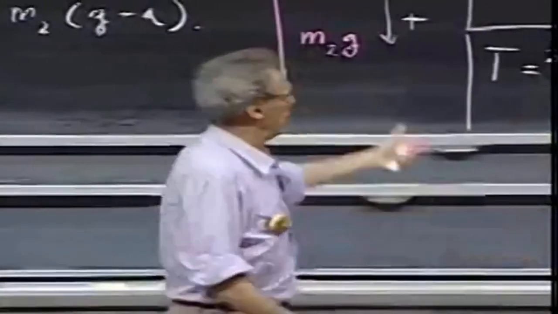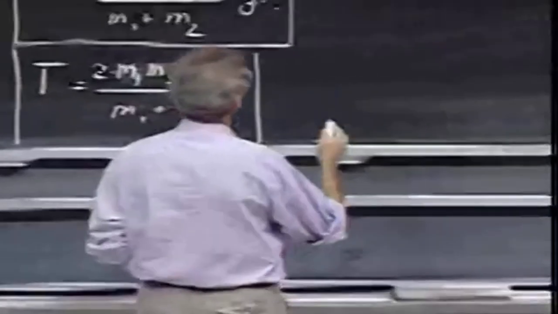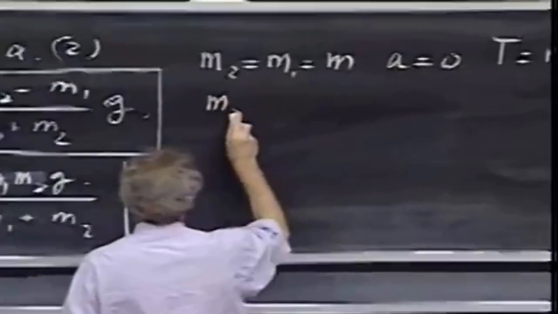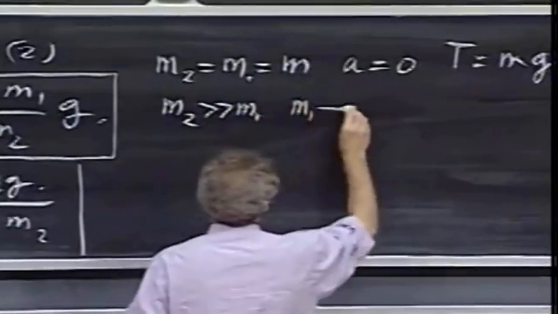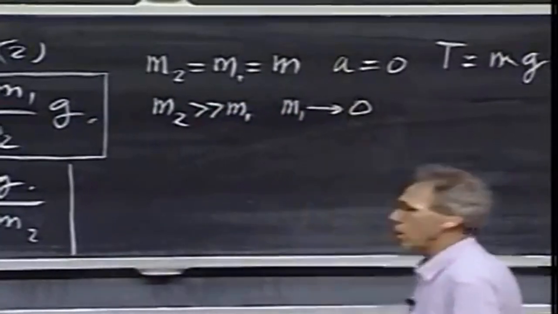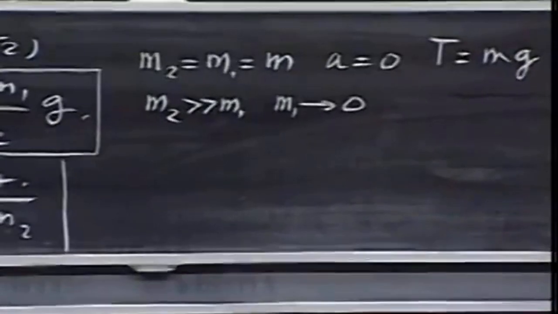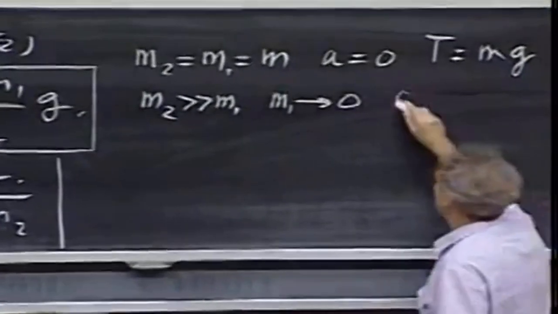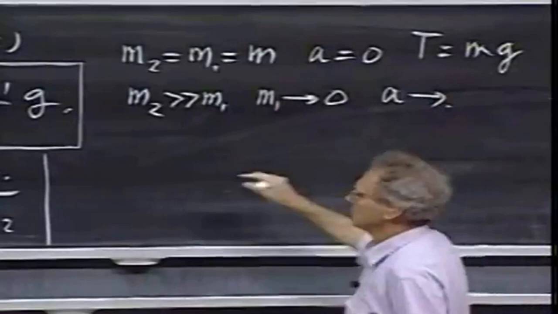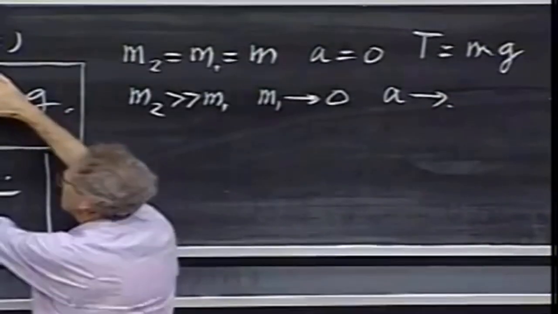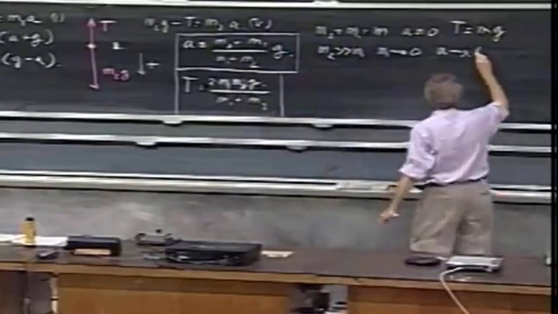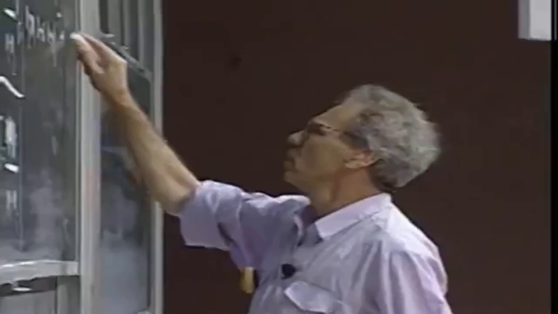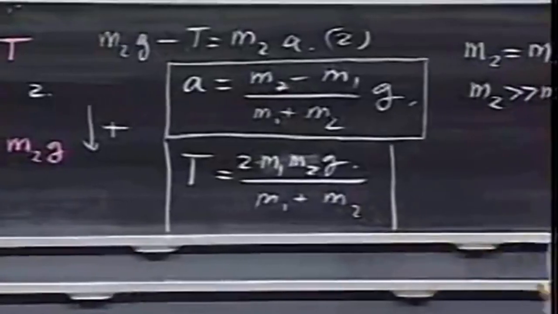Clear. Now we're going to make it more interesting. Suppose we make m2 much, much larger than m1, and in a limiting case, we even go with m1 to 0. What you see now, if m1 goes to 0, this goes away, this goes away, a goes to g, and T goes to 0.